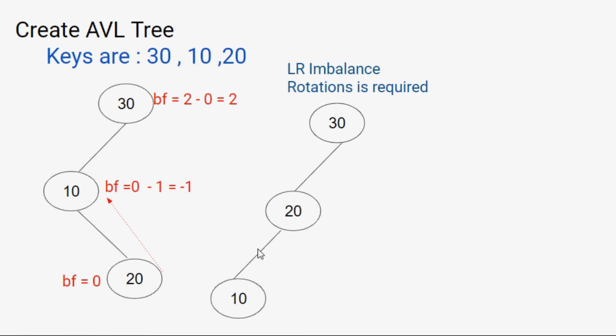Now once this is done, it is similar to your previous rotation. Firstly we have left rotated, we have rotated our node to the left side. If you look, this has been rotated to the left side.